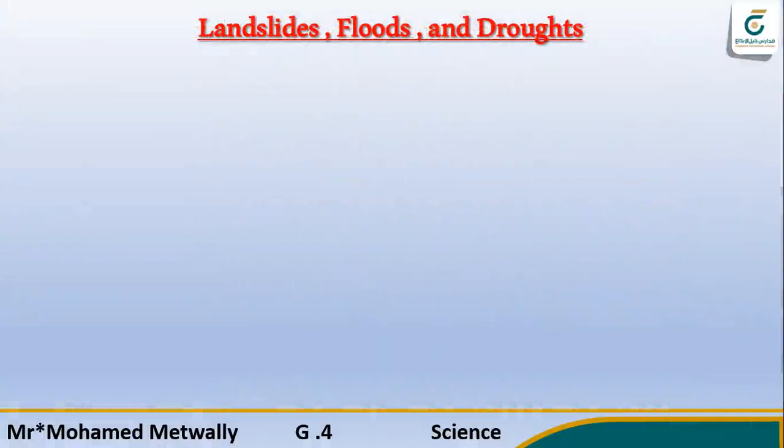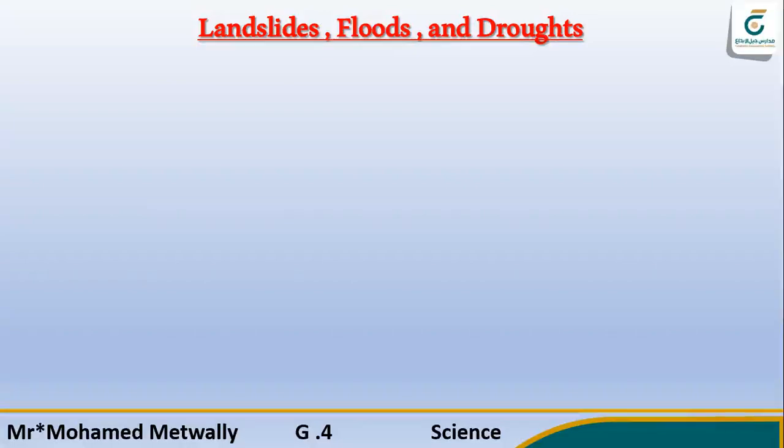So as you see in the video, an earthquake can cause rapid change to the Earth's surface, unlike weathering, erosion, and deposition like I said in the previous lesson. So continuing our lesson today, going to another slide which talks about landslides and floods, droughts as well. These are natural events as well.